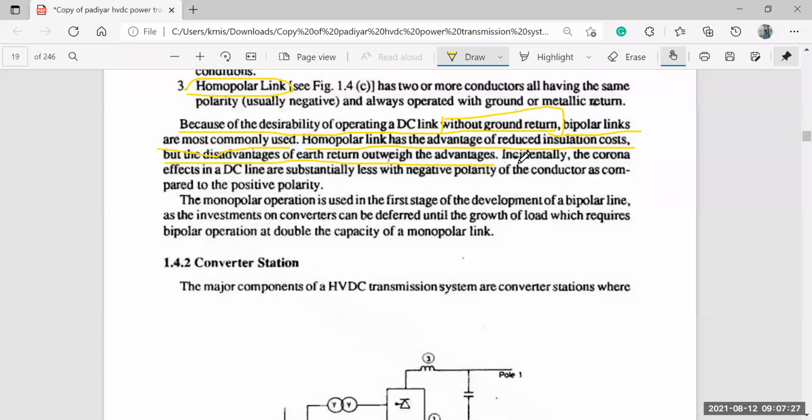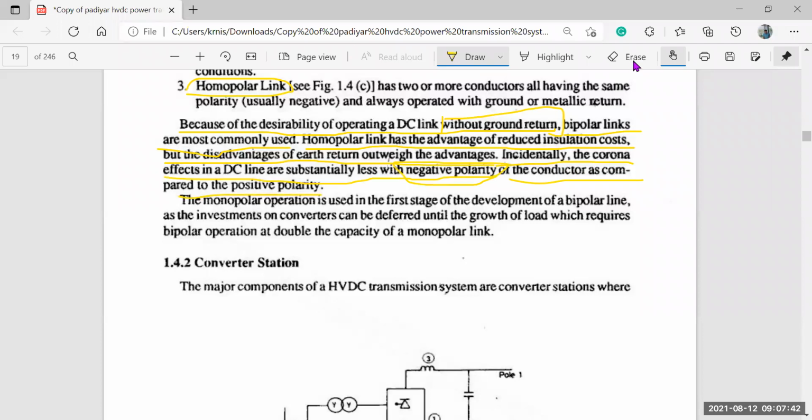Incidentally, the corona effects in DC lines are substantially less with a negative polarity of the conductors as compared to the positive polarity.